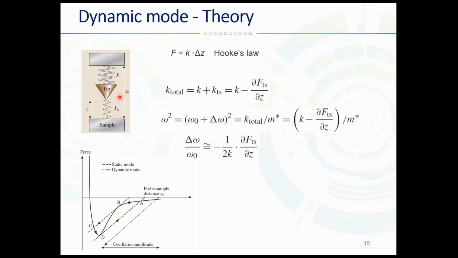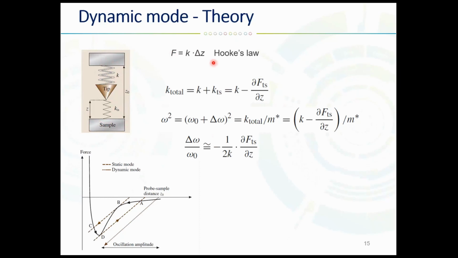Also, when we compress this spring into some delta Z distance with its spring constant K, then we can directly measure the force, and this deformation can be calculated by Hooke's law.